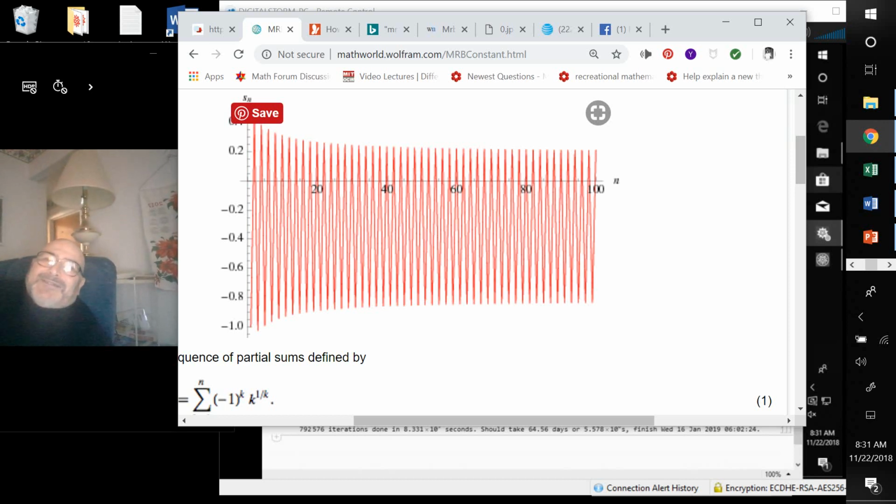You look at the last almost straight up and down line in the graph that passes through 100. You look at the top of it, and it's a little over 0.2.